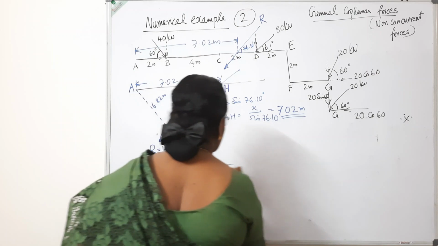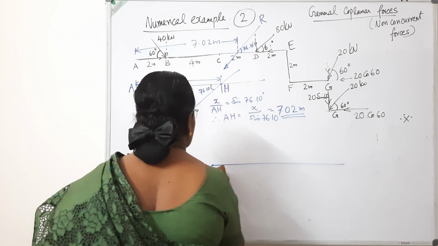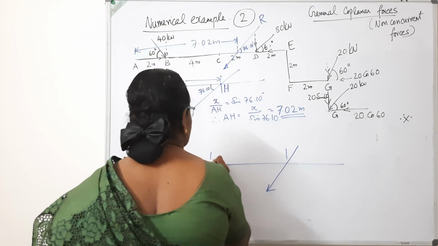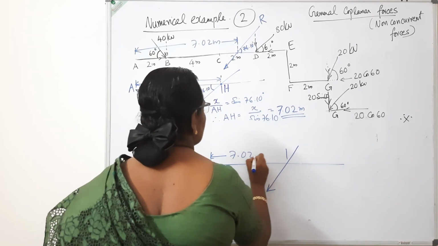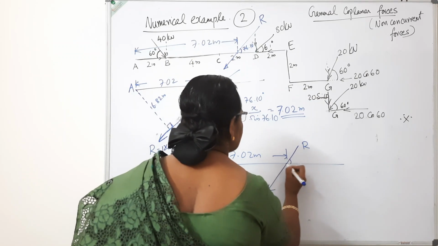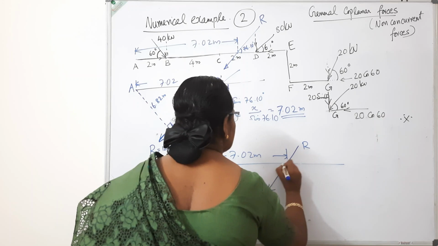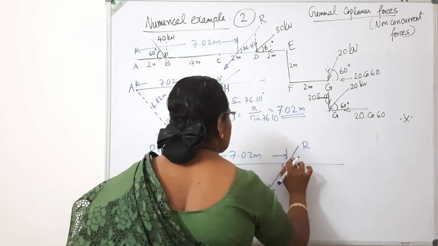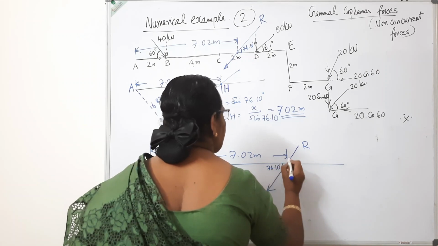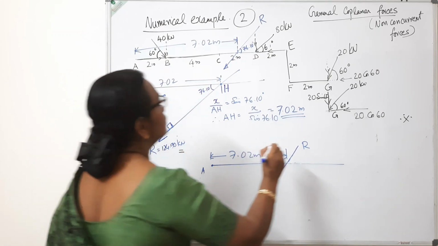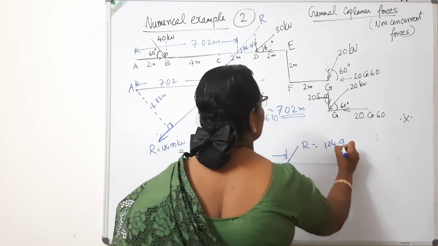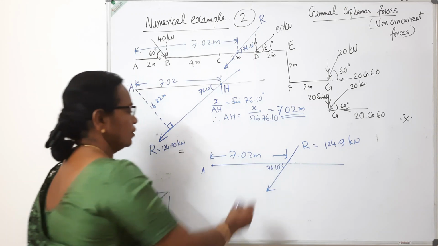So if you mark it in the original figure, from A you mark 7.02 meter. This is the resultant. This angle is 76.1 degree, and the magnitude is 124.9 kilonewton. This will give you the complete answer.